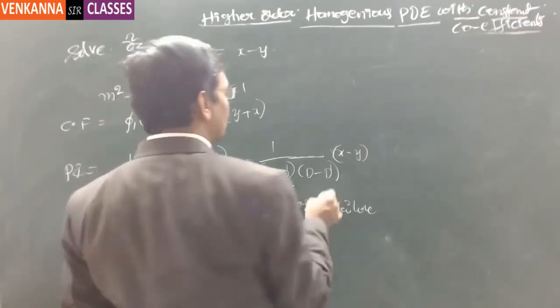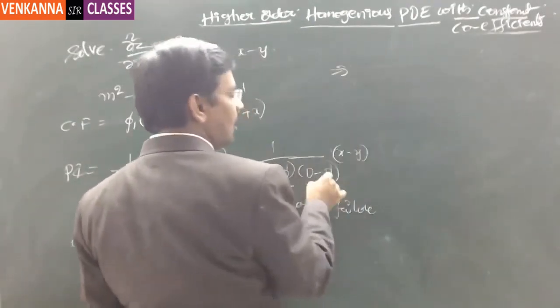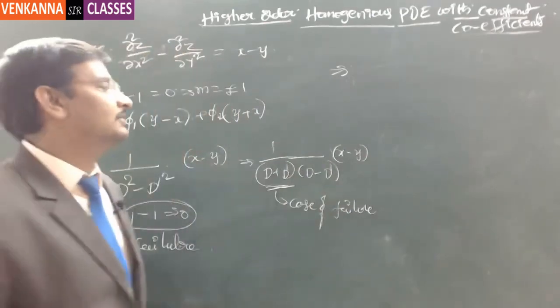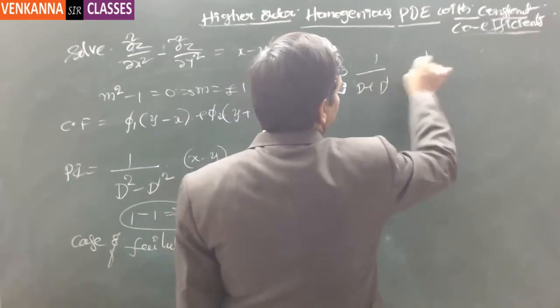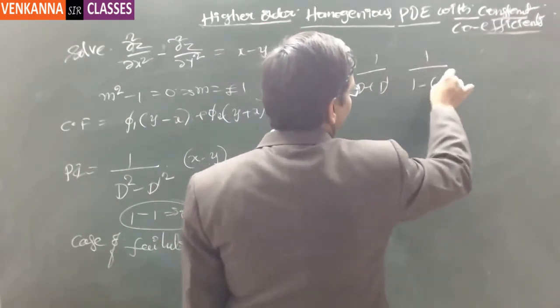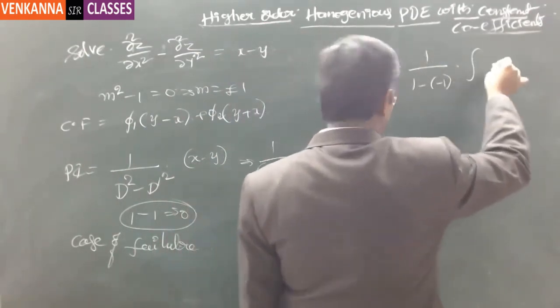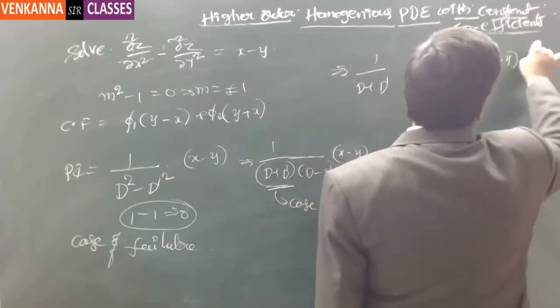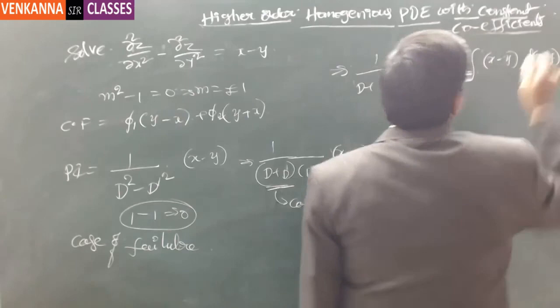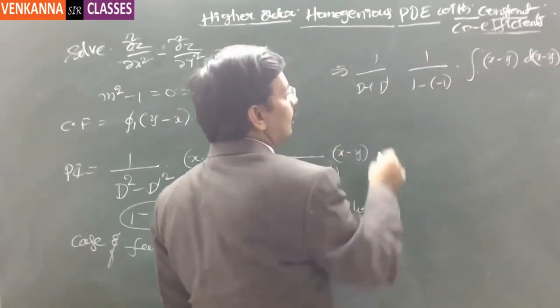Now in this case what you need to do is, first actually operate only d minus d dash. So this is 1 by d plus d dash, and then substitute 1 minus of minus 1, and then integrate once, that is x minus y into d of x minus y. So integrate once. This is not yet operated.